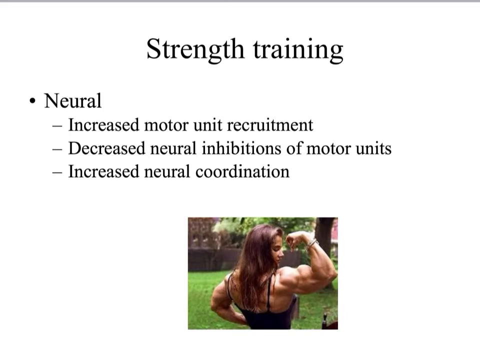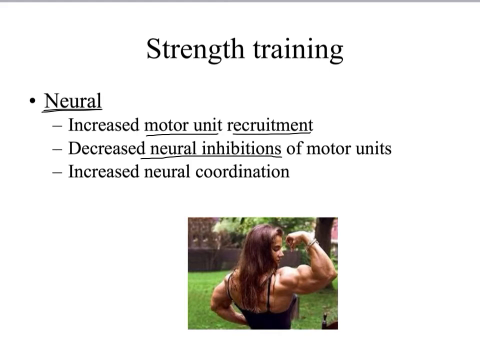When you're exercising for a long period of time, you're going to affect the nervous system, and what's happening here is you're calling in more motor units. So you're increasing your recruitment. You're also decreasing the activity of the inhibitions of the nerve cells that will inhibit the motor units, so you can turn these motor units on a little bit quicker.